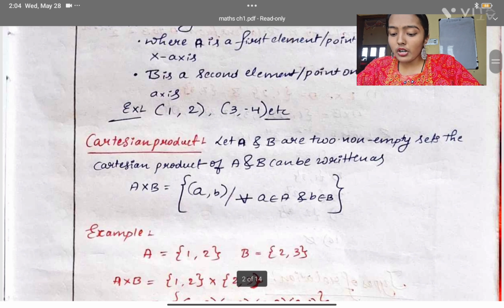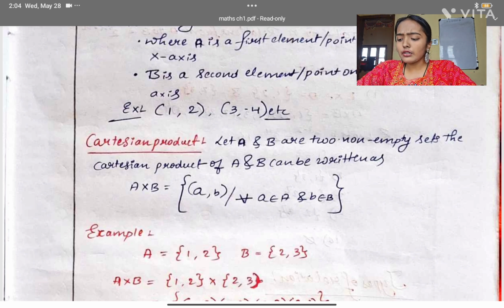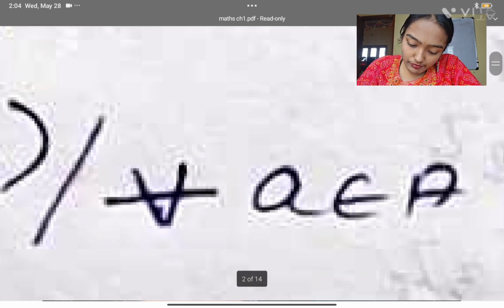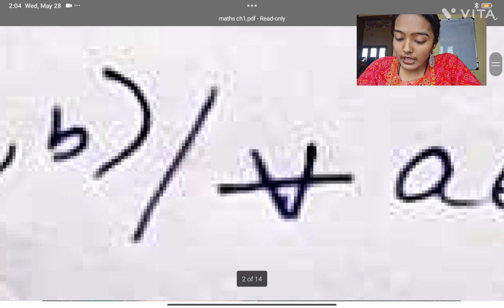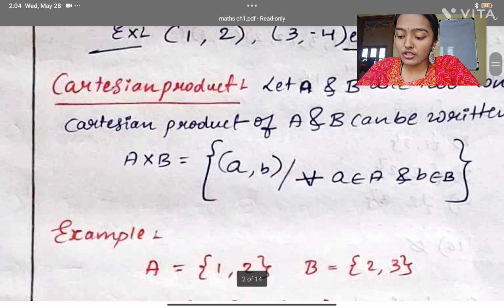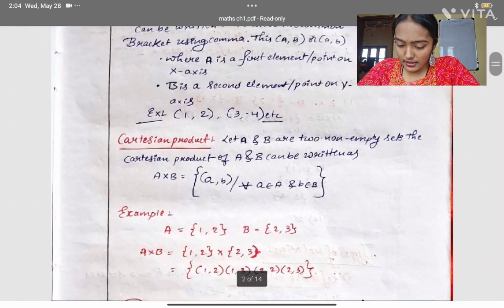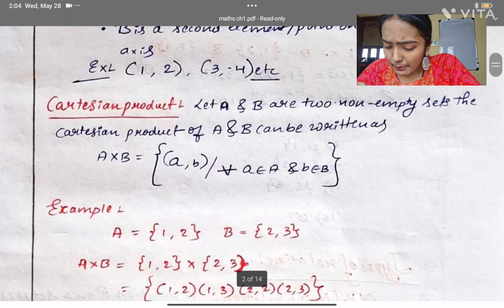Cartesian product. In 2025, yes, they asked one question from this. The question was asked in the Karnataka State Board 2025. A and B are two non-empty sets.